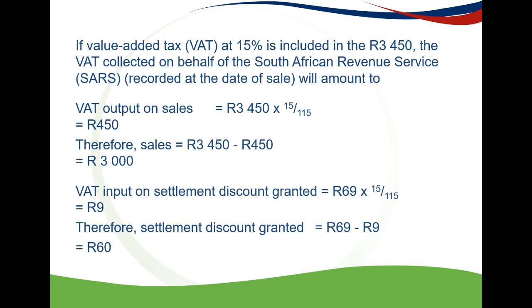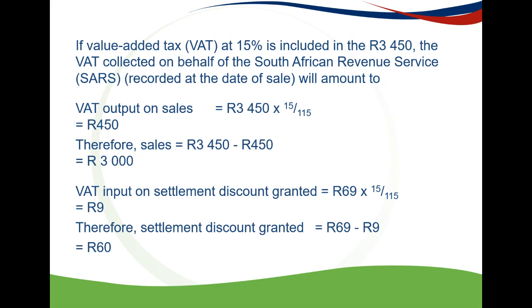So that's why I use 15 over 115, which will then give me 450. Therefore sales is 3,450 minus the 450 we've calculated. So our sales amount, which is the VAT exclusive amount, is 3,000 Rand.